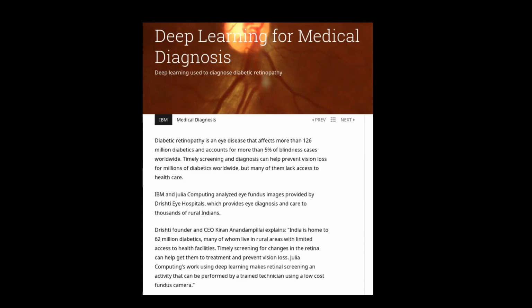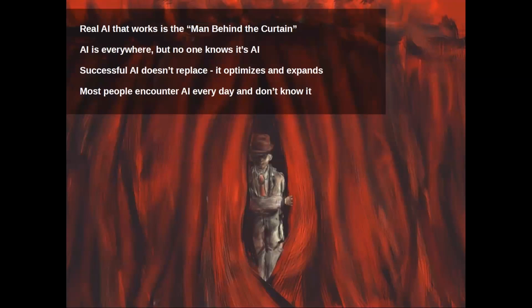Those are just a couple of quick examples. In a certain sense, when we talk about AI nowadays, the real AI that does the work in business is the man behind the curtain. We don't see it. We see the results of it. And because of that, nobody really realizes that it is the driving force behind what's being done.